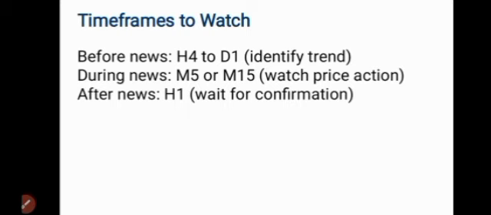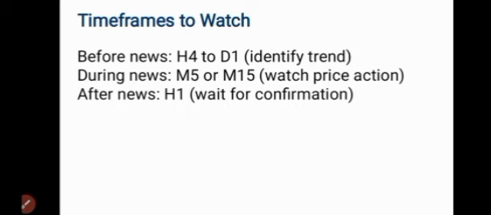The time of news, when the news gets released, what time to watch, it is 5 minutes to 15 minutes. It is the time when the market reacts and the given movement tends to occur, right? And after news, we will see 1H, 1 hour, for entry, maybe buying a retracement of the given news and whatever.